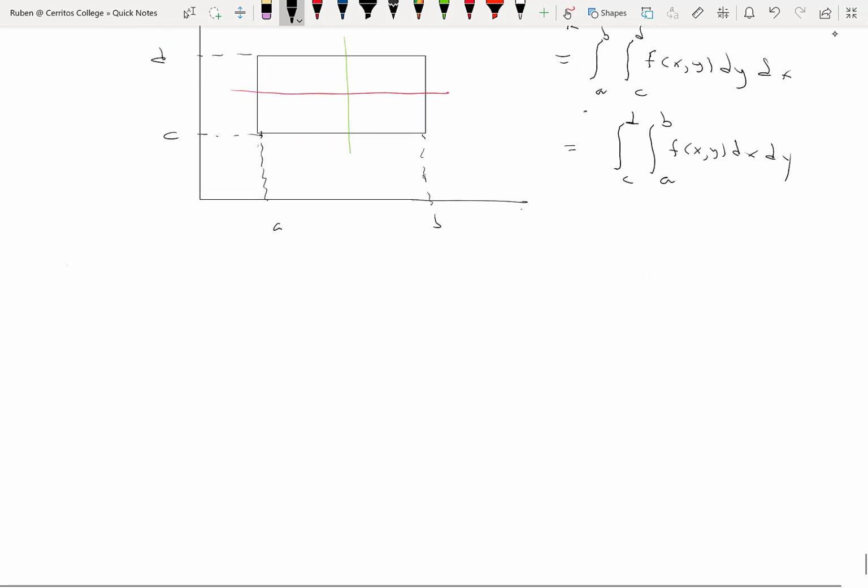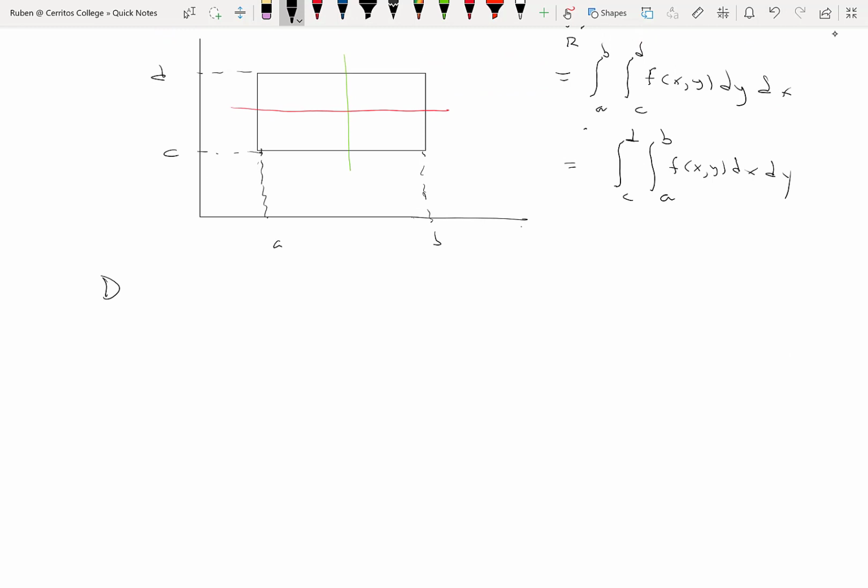Specifically, our next region was a type Roman numeral 1 region. Type Roman numeral 1 region looked like a set of points x, y such that x was still between A and B, but the y values were now not between two constants, but between two functions of x. So the y values varied between g1 of x and g2 of x.